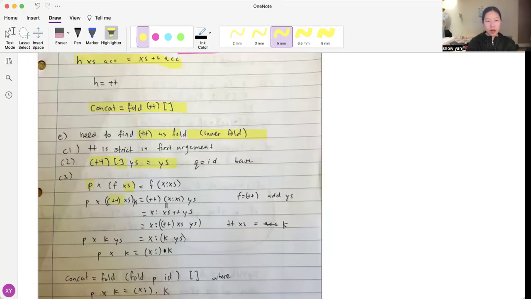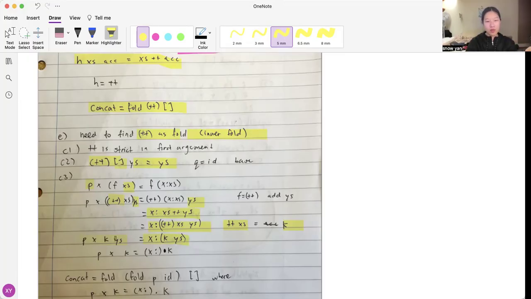And then to apply these arguments, we just apply y's on both sides so we can simplify it. So on the right-hand side, we can work around it. We can put x in the front and then first do x's plus plus y's. Then we can see that it's this form. Then what we can do further is we just call plus plus x's a k. So then on this side we have also plus plus x's. So that's why on this side we have p x k y's is equal to x cons k y's.